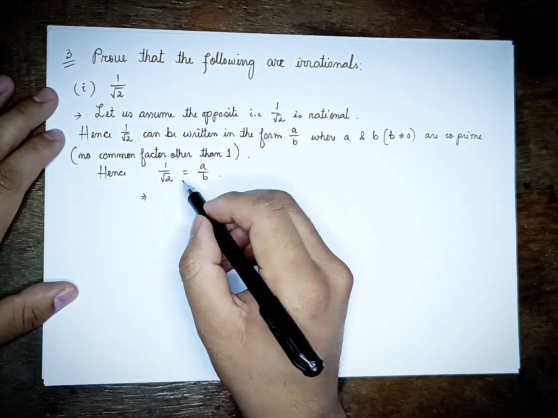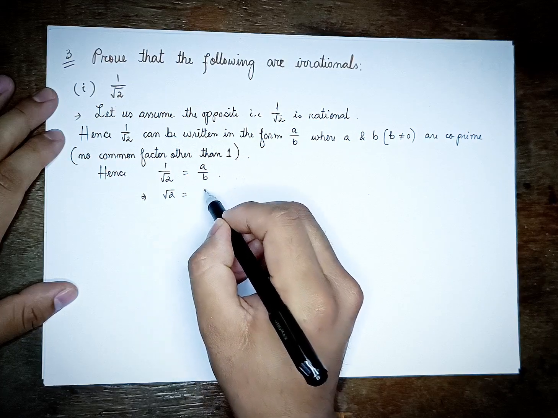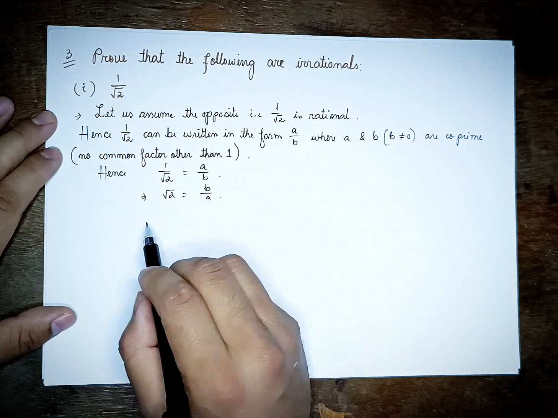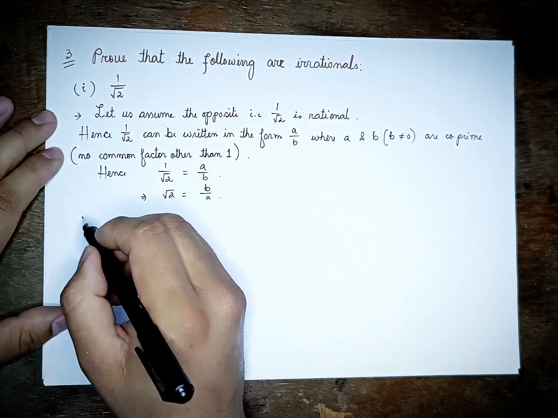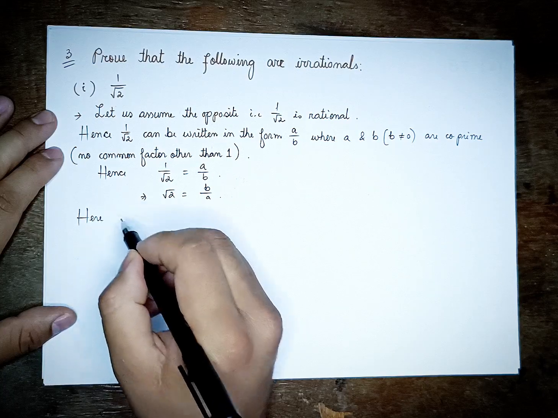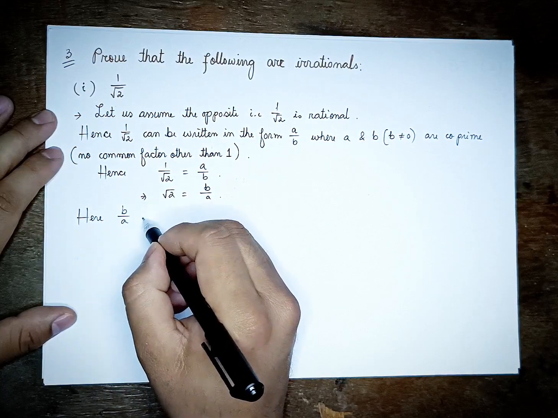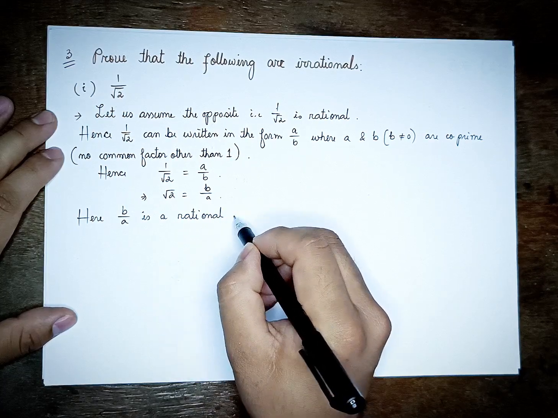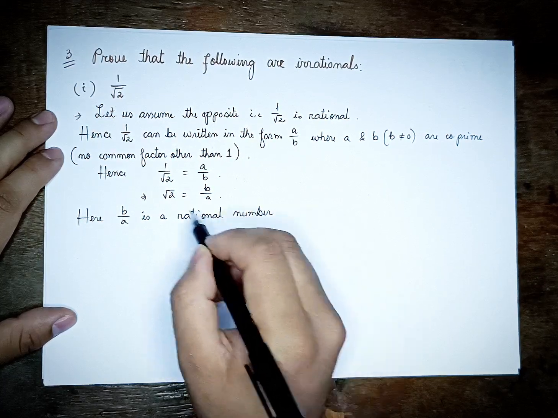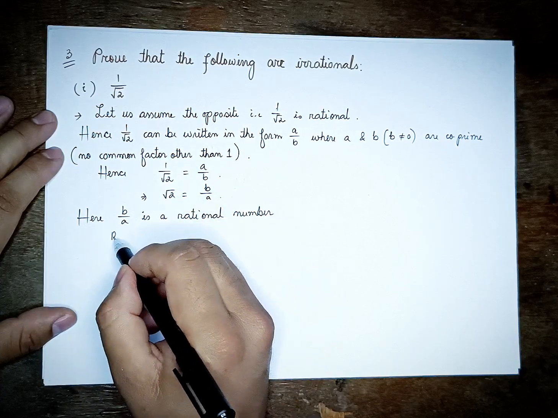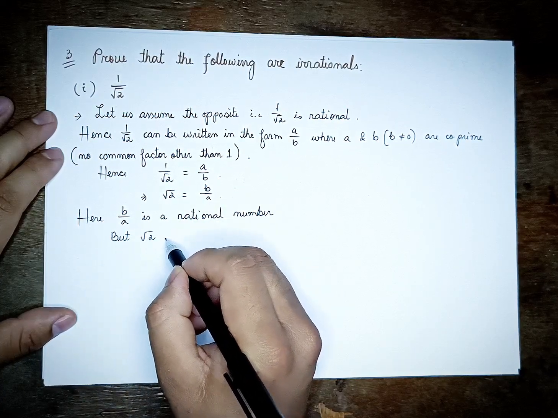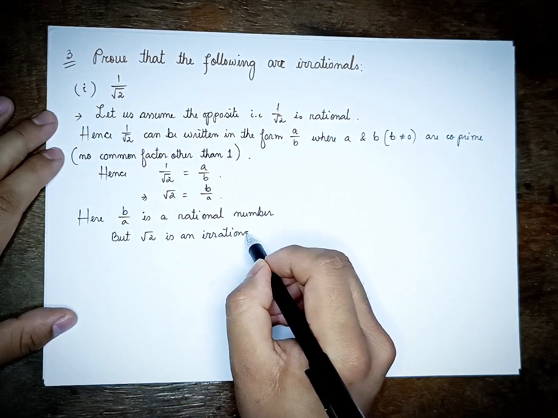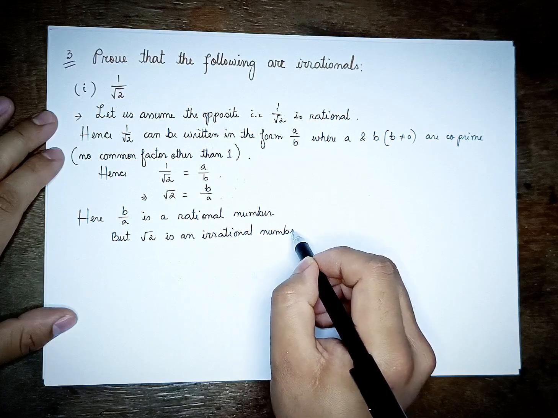Taking reciprocal, we get root over 2 is equal to b by a. Here b by a is a rational number, but here root over 2 is an irrational number.